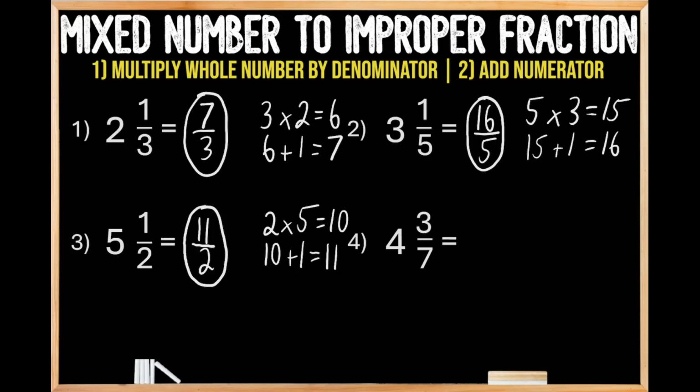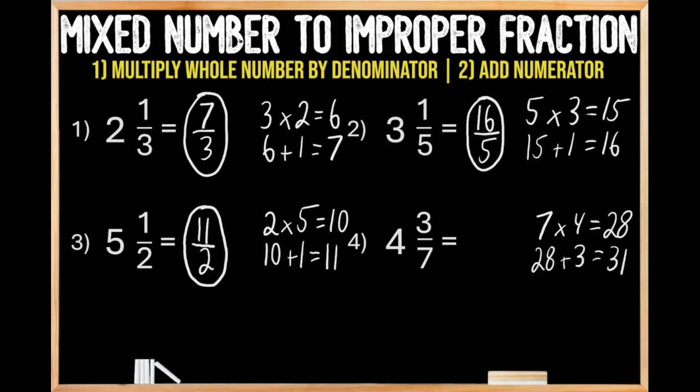Now moving on to our last problem, where we have the mixed number of 4 and 3/7. Our first step is we're going to multiply our denominator of 7 by our whole number of 4. And then that means that we have 4 equal groups of 7, which is going to give us 28. So now we know that the 4 is equal to 28/7, and now we need to account for our numerator. So we're going to be adding our numerator of 3 onto our 28 parts, and when we add 3 onto 28, we get 31.